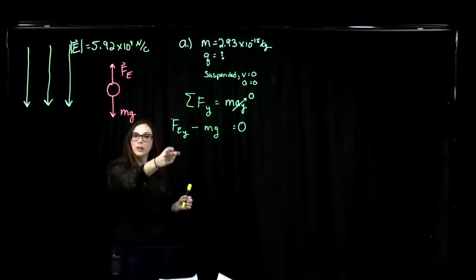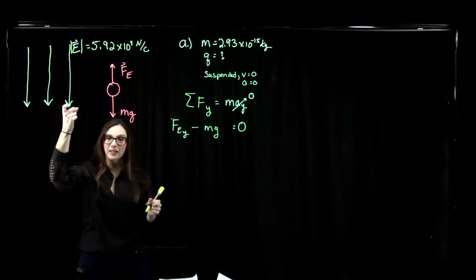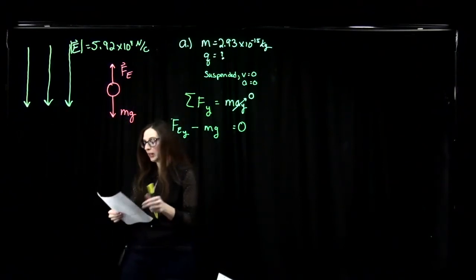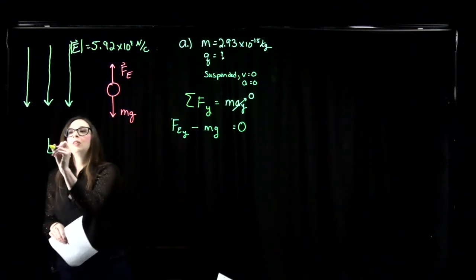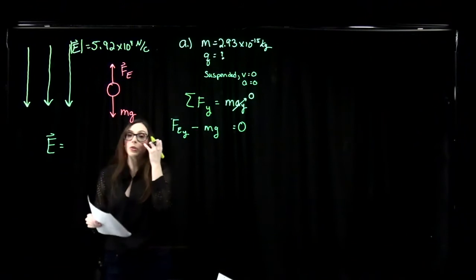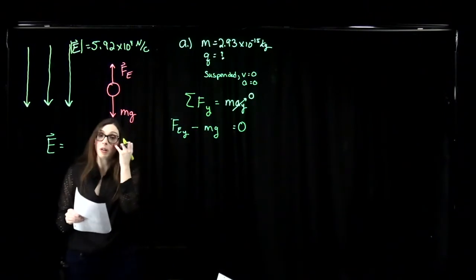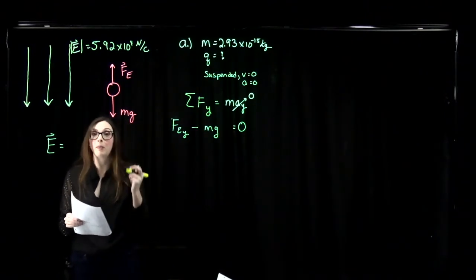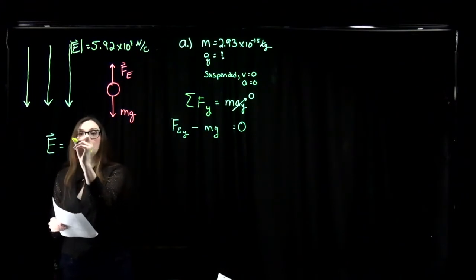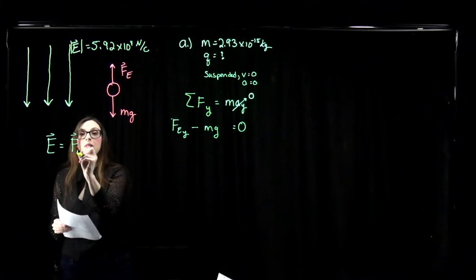Now, what is the electric force that's acting on my particle here? Well, we can remember that the electric field is equal to the force per unit charge experienced by the mass. So our electric field is equal to our electric force per charge.